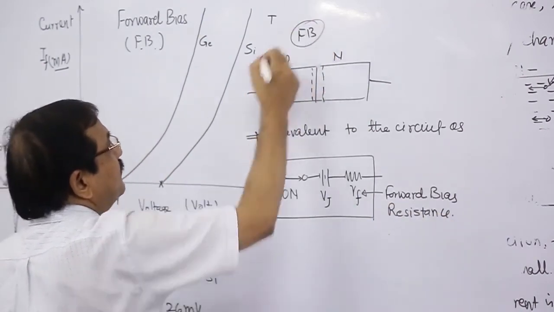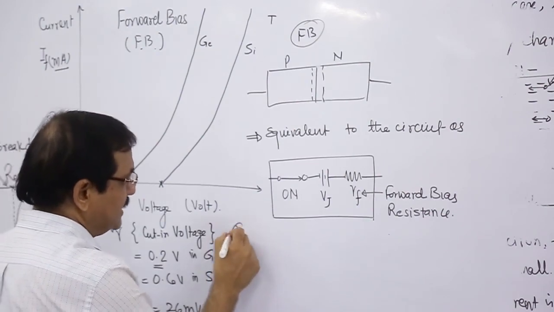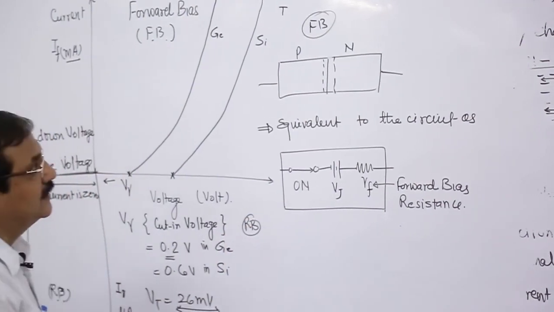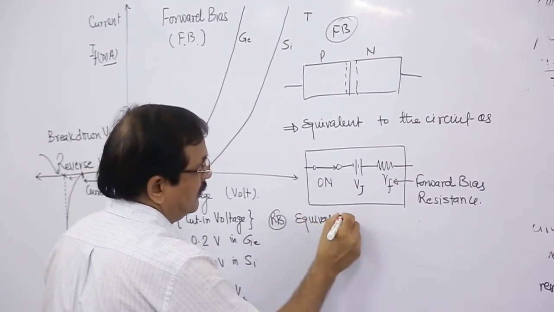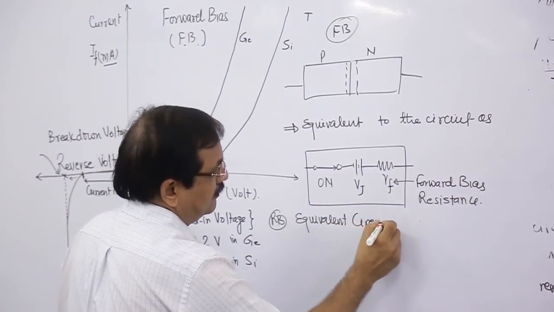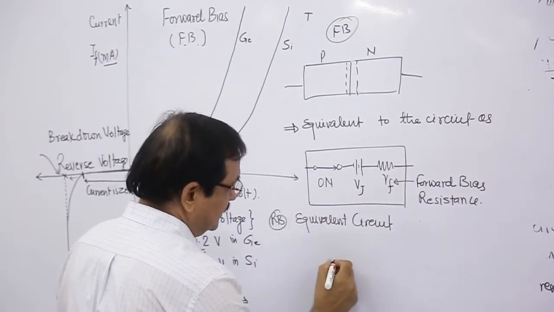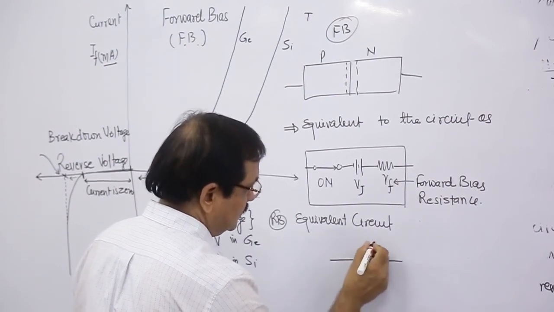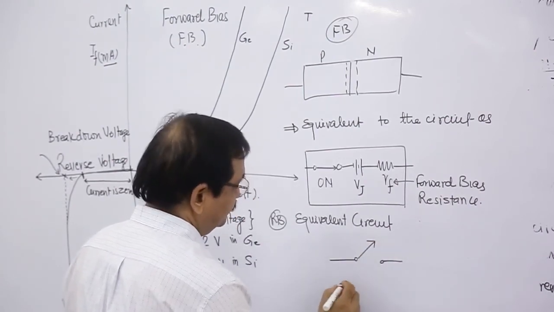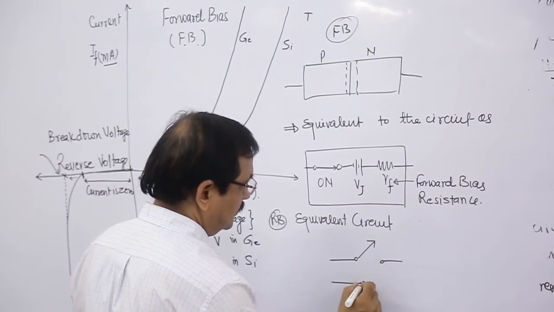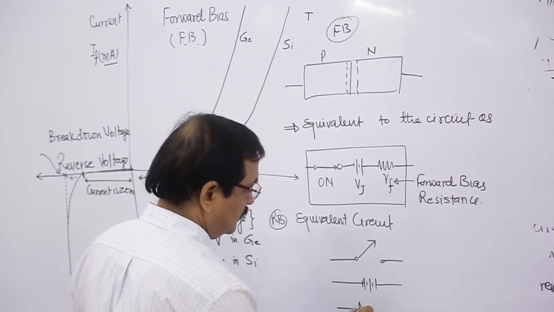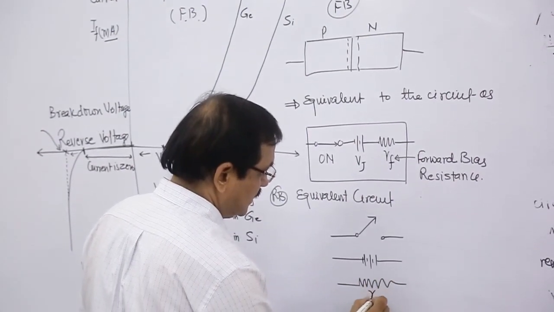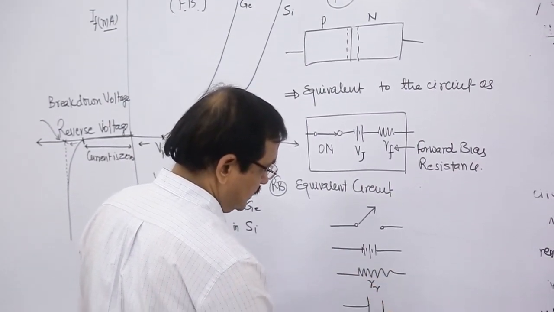In case of reverse bias, this equivalent circuit is: here it is this switch, the Vj, this is Ri and this is Ct.